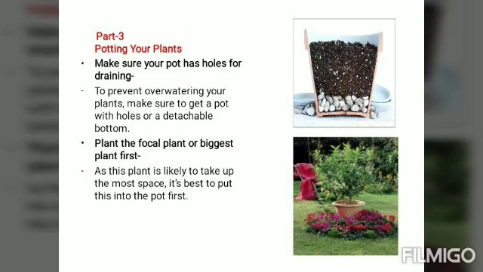Plant it in the pot first, and then you can put your focal plant in the middle of the pot, and place the other plants around. And the other plants that are the same size, and smaller, shorter than the middle plant.